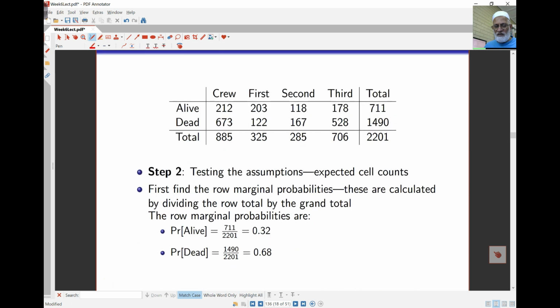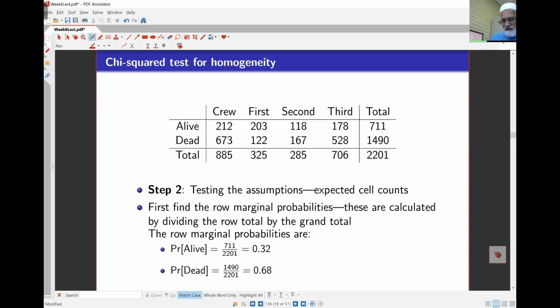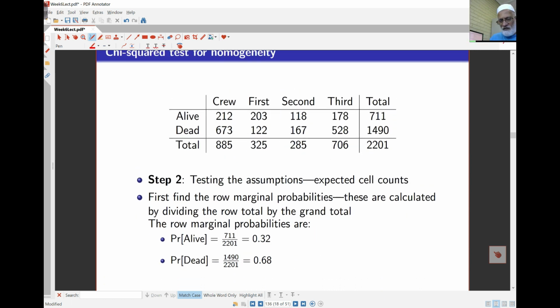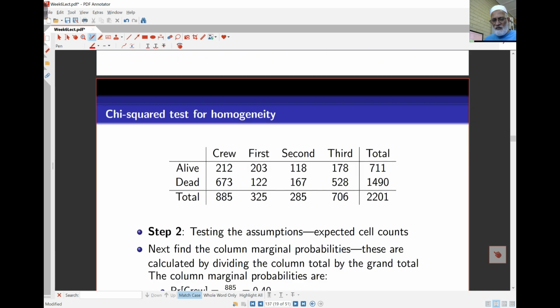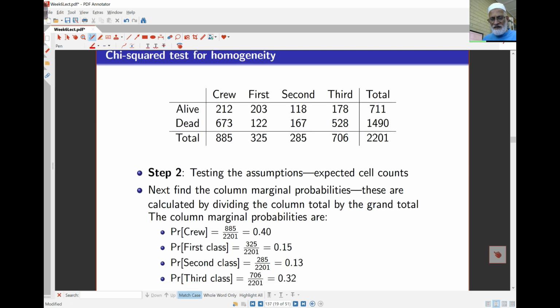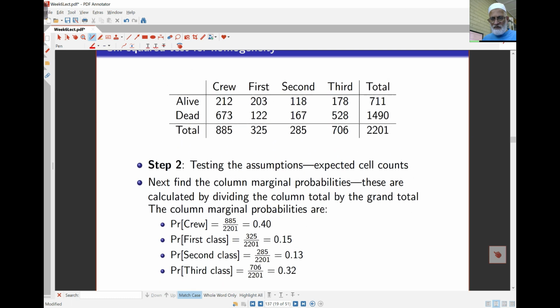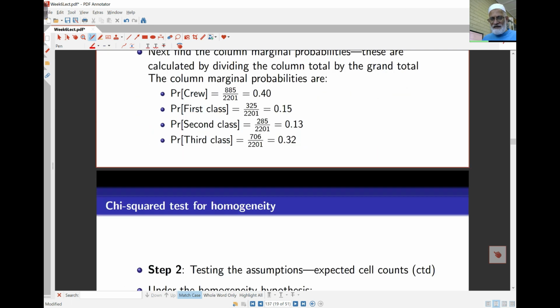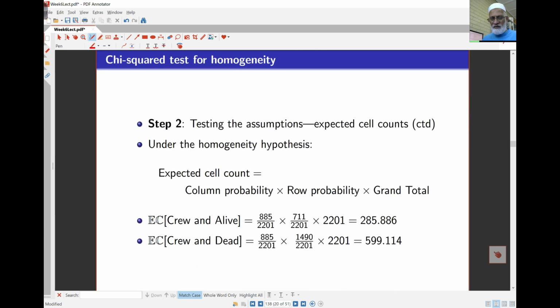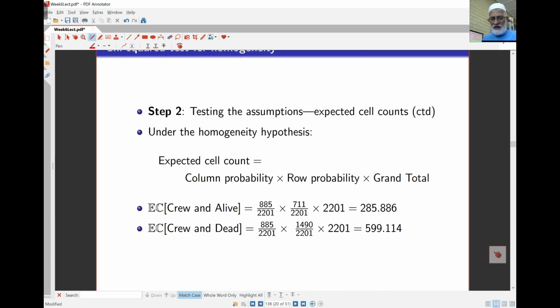So this is how we calculate these things. The probabilities of alive and dead were calculated earlier, and we've got those probabilities over here, but the calculations actually proceed a bit more simply. We can work out the probability of being a crew in first class and all the rest of it, but the expected cell counts are calculated much more simply. All we do is take the row probability times the column probability times the grand total.